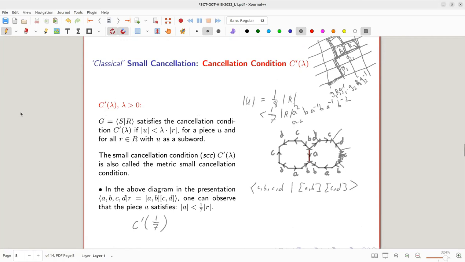See, R is the symmetrized set of relators, right? And for all elements from that set of symmetrized relators, this should happen, right? So then that one relator group corresponds to that thing, which is not symmetrized, right? You have to make it symmetrized, right?